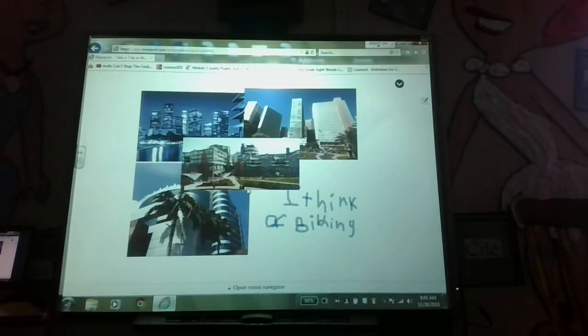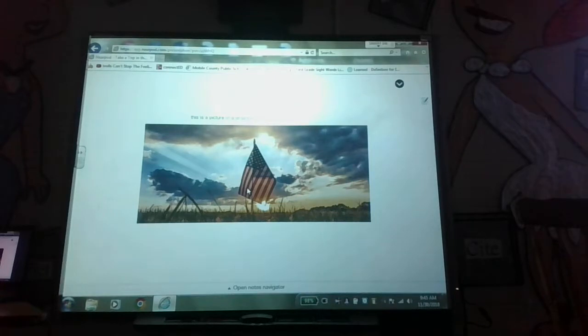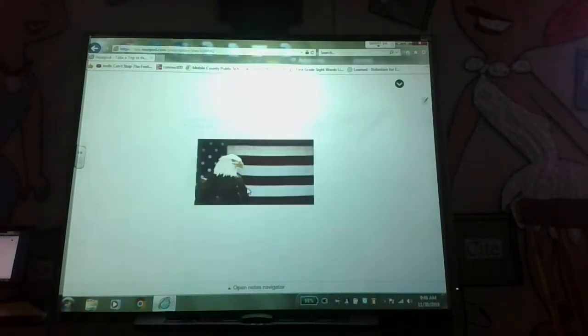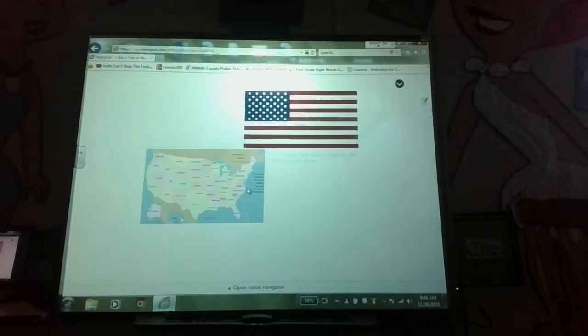The next one. I think of buildings, okay? These are good places. This is a picture of an American flag. Good. Here's the next picture. Oh, that's me. When I think of the United States, I think of a bald eagle. Whoa. Good. I chose this picture because this is the United States.